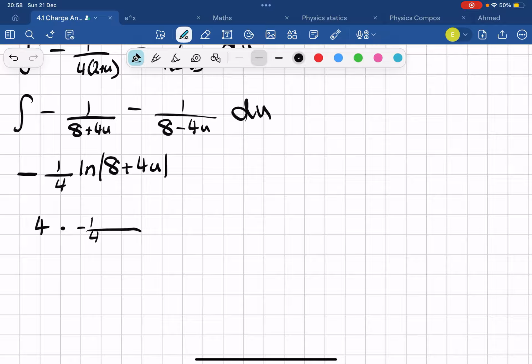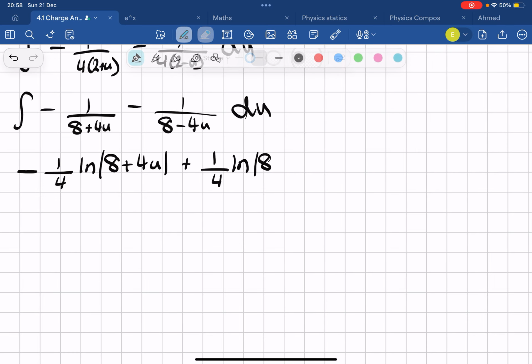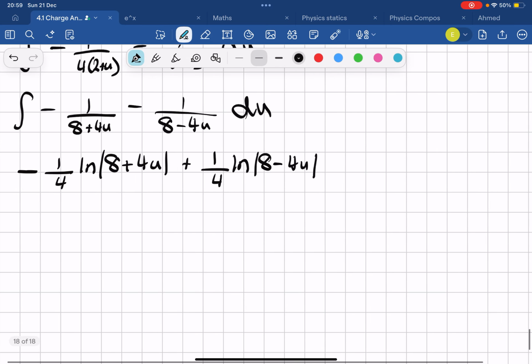We have 8 plus 4u, cancel, minus 1 over 8 plus 4u. Yep, that's fine. Let's integrate our second term, minus 1 over 8 minus 4u. So we've got a quarter ln of 8 minus 4u. And does that work? Yes, it does.